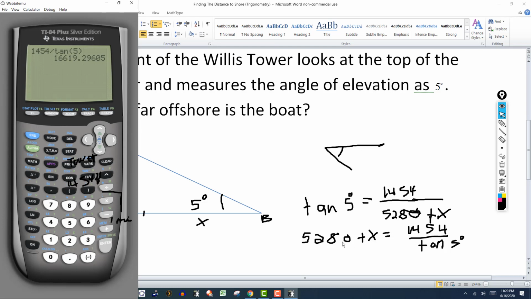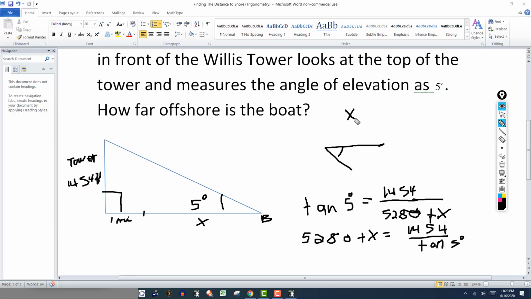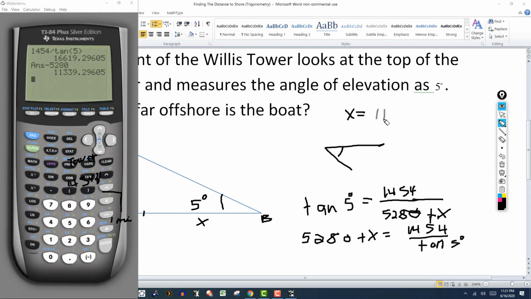And we want to solve for x, so we subtract from that 5,280. And we get that x will equal 11,339.296.